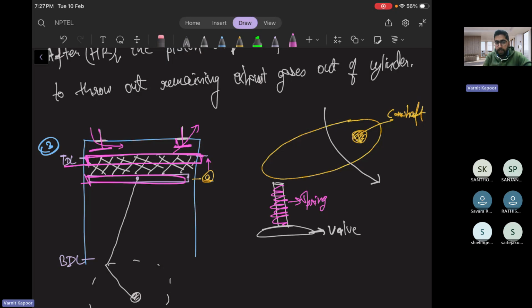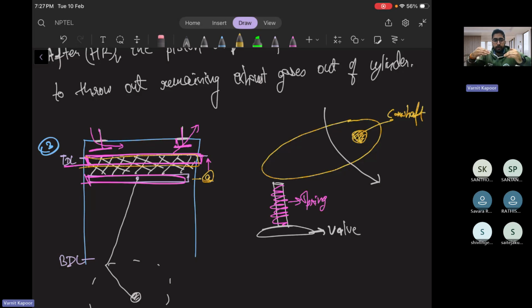But because of opening of the inlet valve and opening of the exhaust valve at the same position, because we say that the inlet valve will open when it has reached the TDC, but we are also keeping the exhaust valve open just before reaching the TDC till here. So what happens?